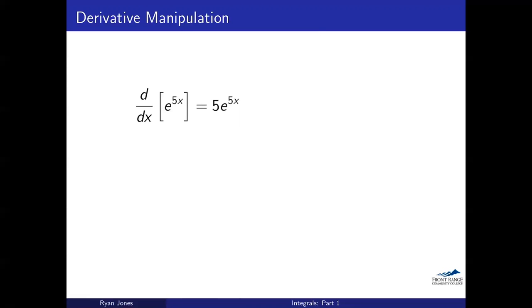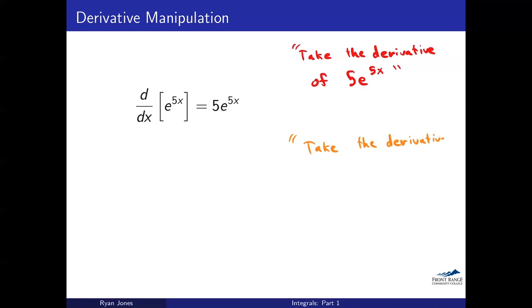But what's going to happen more often than not is, rather than me explicitly writing this out, like take the derivative of 5e to the 5x, more likely what I'm going to say is take the derivative of e to the 5x.